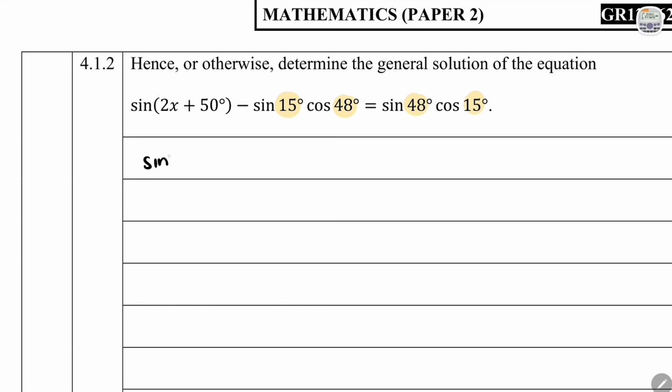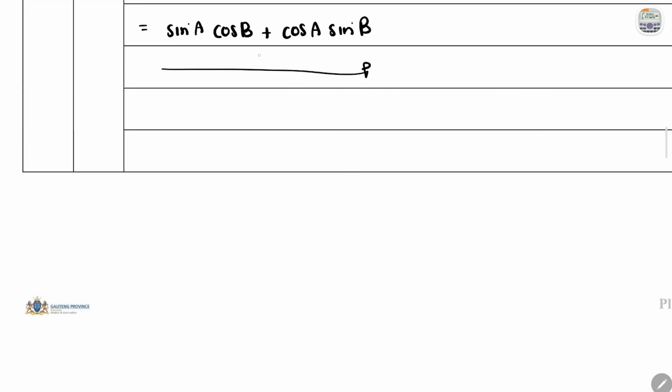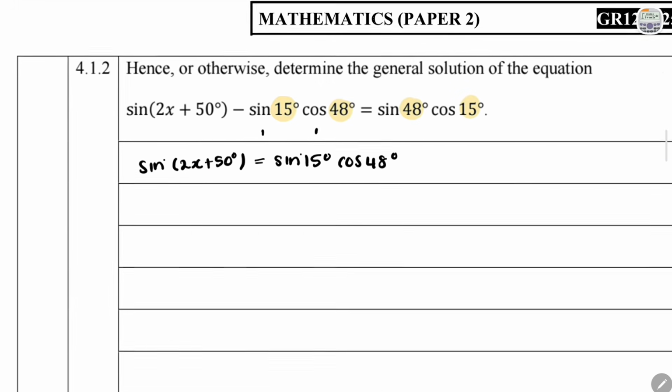So we have sine of 2x plus 50 degrees, and this is now equal to positive sine 15 degrees cos 48 degrees, and these are positive. But notice how it says sine cos and then sine cos. We can just let it say sine cos, cos sine like that previous question.